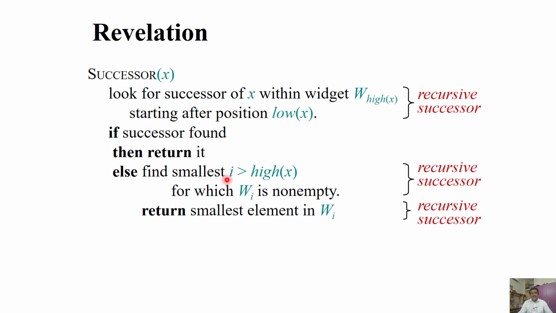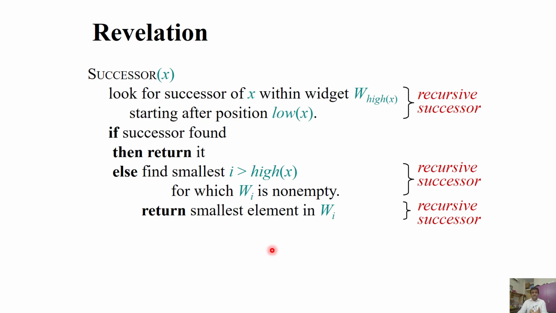Then if found, okay. Otherwise, this is also a successor call, because that non-empty array is also an array. We are looking for the next one after high of x. So, that is also a successor call, and once we get that i, then we know that W i is non-empty.